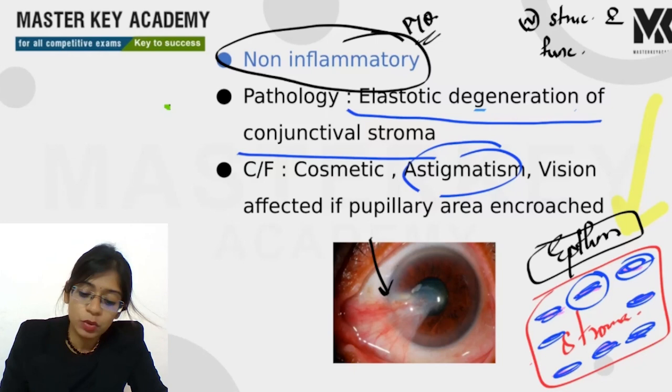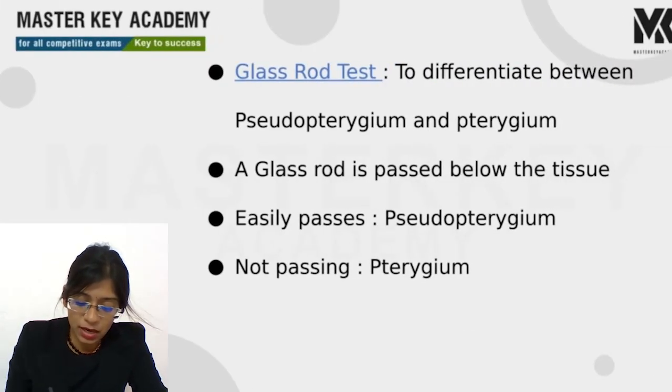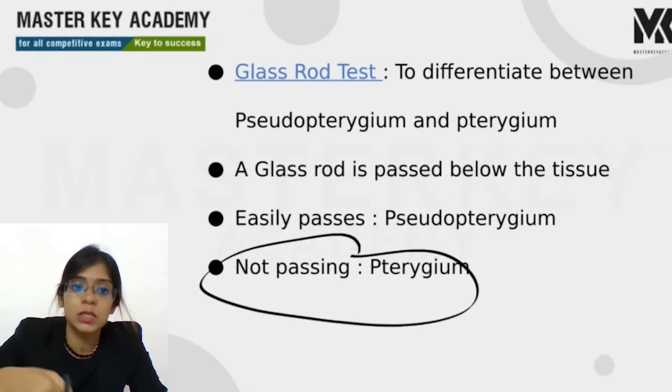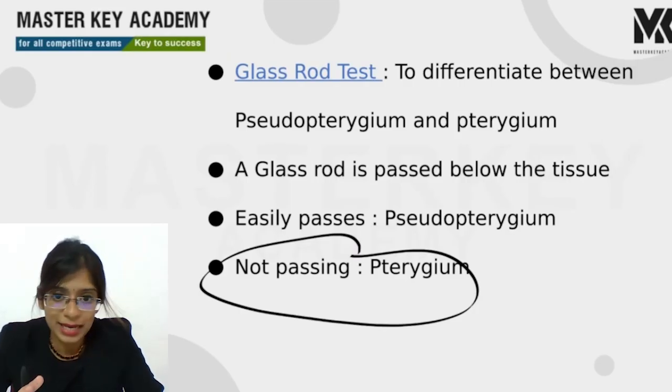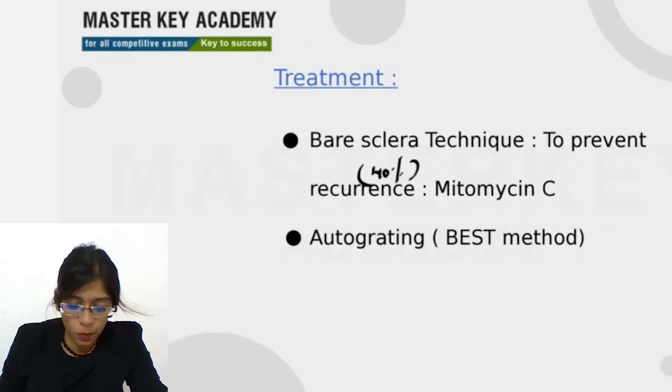So that's how you will differentiate. In pterygium the glass rod will not pass under it because it's very tightly adherent to the underlying tissue. That's how you will find out.